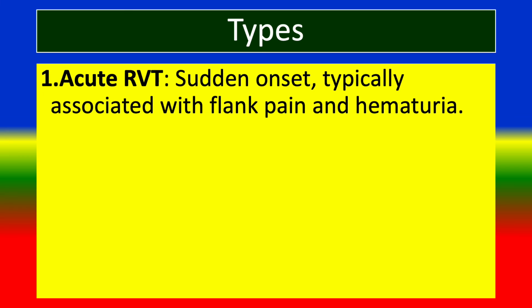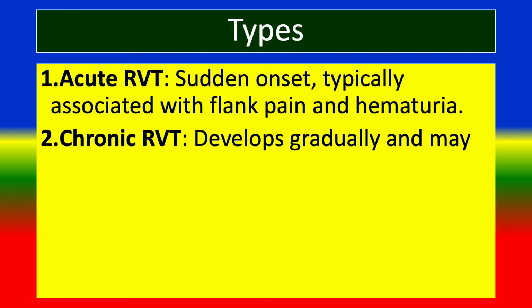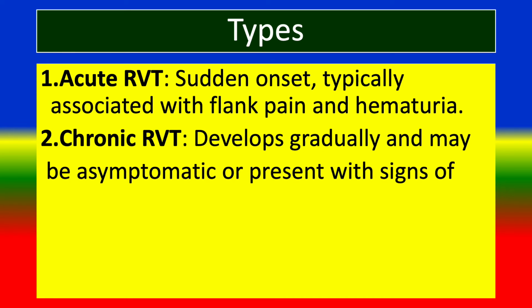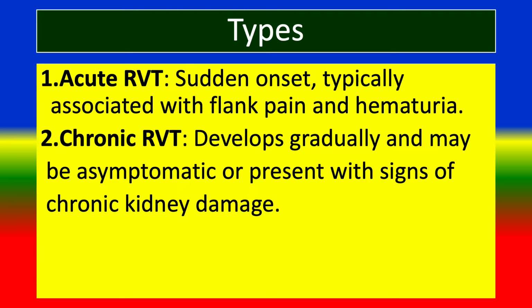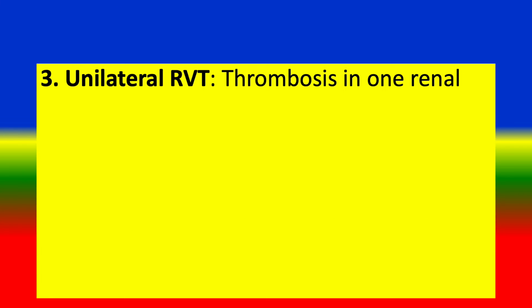Types. 1. Acute RVT: sudden onset, typically associated with flank pain and hematuria. 2. Chronic RVT: develops gradually and may be asymptomatic or present with signs of chronic kidney damage. 3.